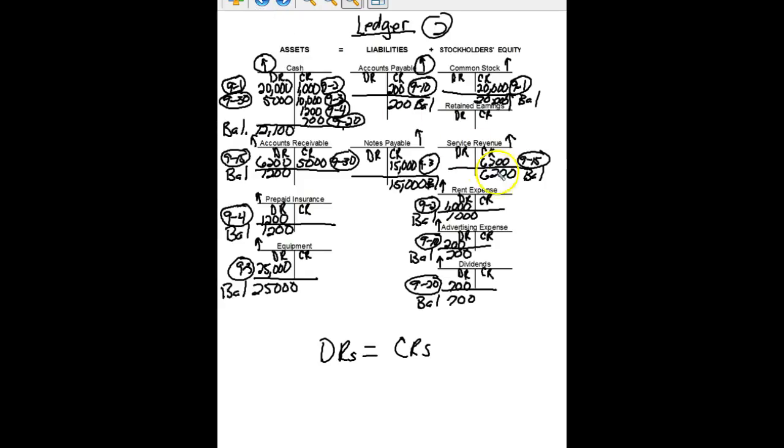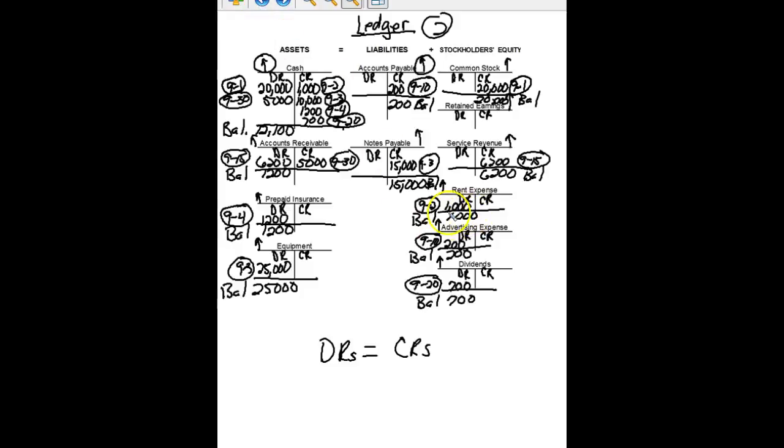So I didn't even have retained earnings listed here. Okay, then service revenue has a credit of $6,200. And then we're back to our expenses. I see I made a mistake. Instead of total, we need to have dividends here. So if you want to squeeze that account in, and then we'll do totals.